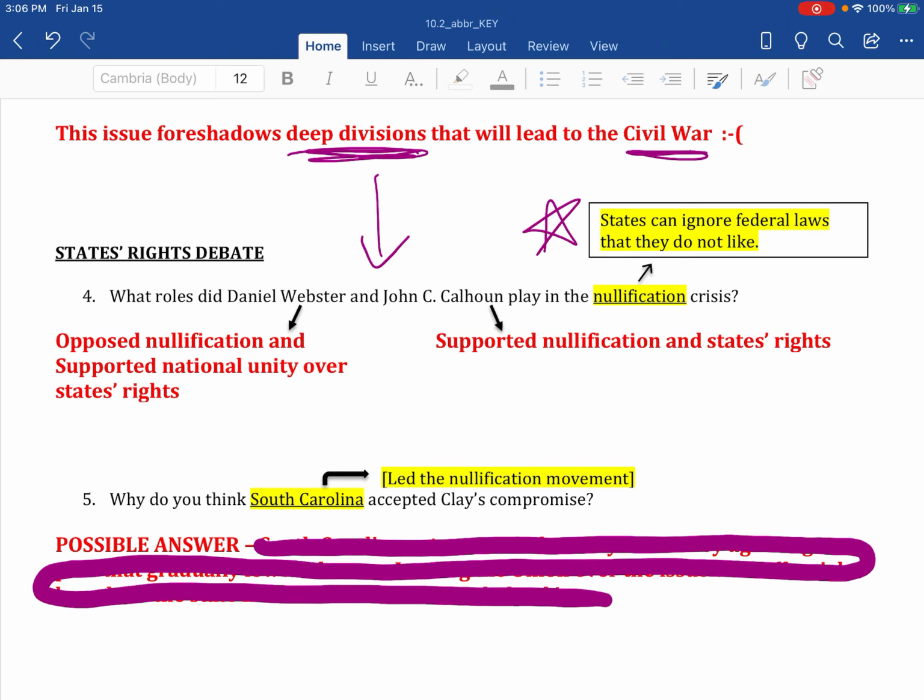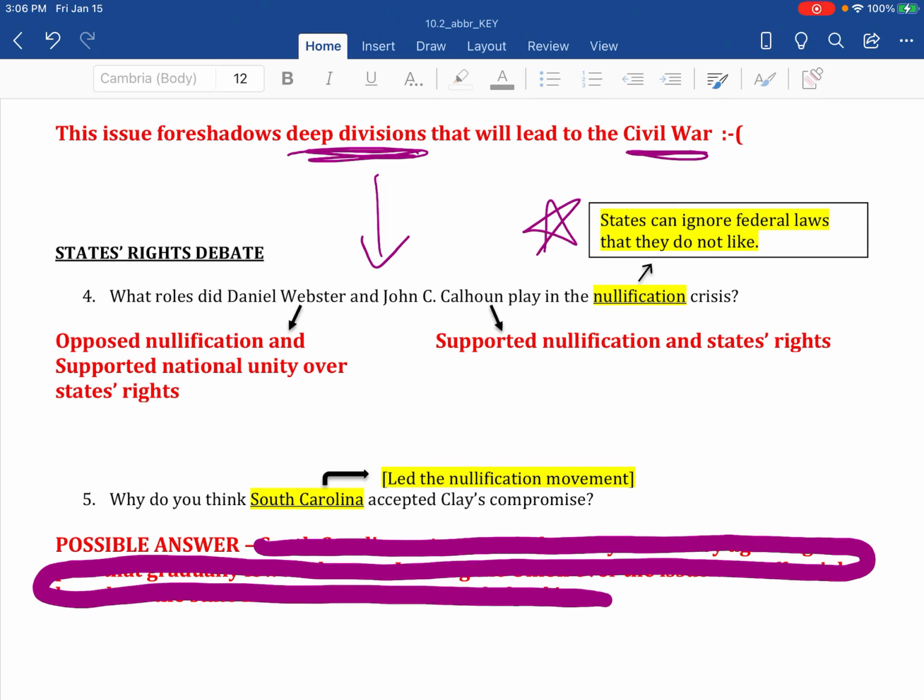His compromise was, why don't you, South Carolina, keep enforcing the tariff, but how about the government agrees to lessen the amount over time, decreasing the amount of tax that you have to pay? And then everybody ultimately agreed to that. So it was a successful compromise.